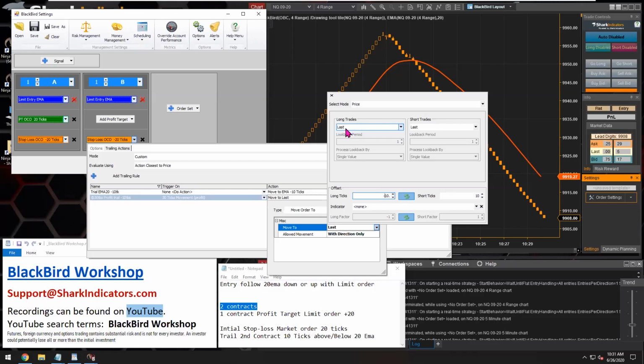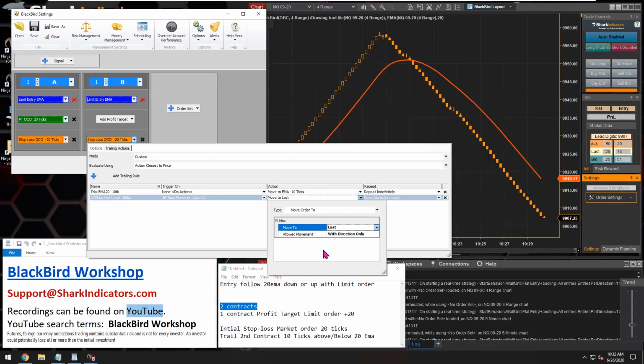So as the last price goes up and down, your stop loss is not going to go up and down. BlackBird's smart enough to know that stop losses only go in one direction, right? Stop losses should only be moving in the direction of the trade. Stop losses don't go backwards. That kind of defeats the whole purpose of a stop loss. So when you're offsetting from the last price, it's going to be basically the best last price.